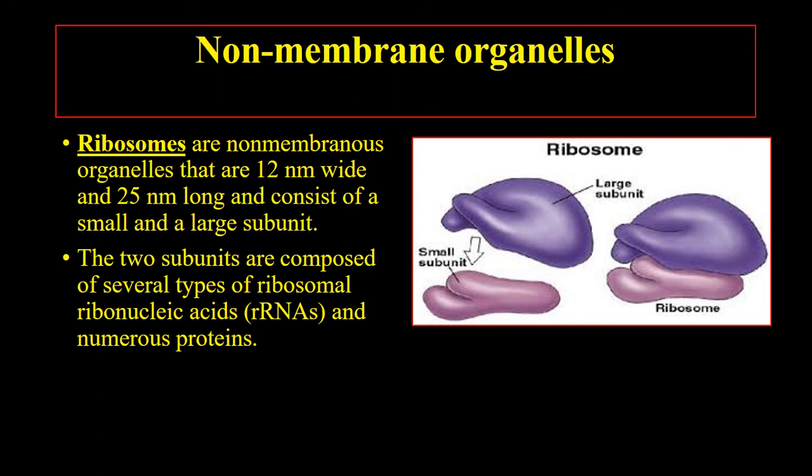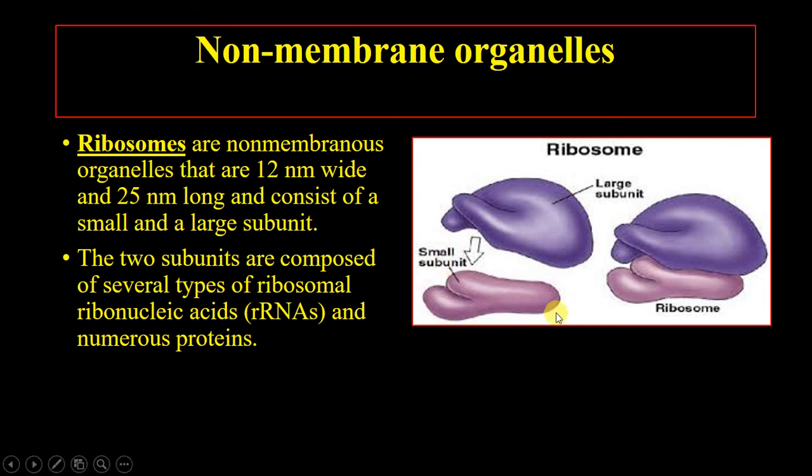And now we will talk about non-membrane organelles. We said that they are ribosomes and components of the cytoskeleton. So, ribosomes are non-membranous organelles that are 12 nanometers wide and 25 nanometers long and consist of a small and a large subunit.